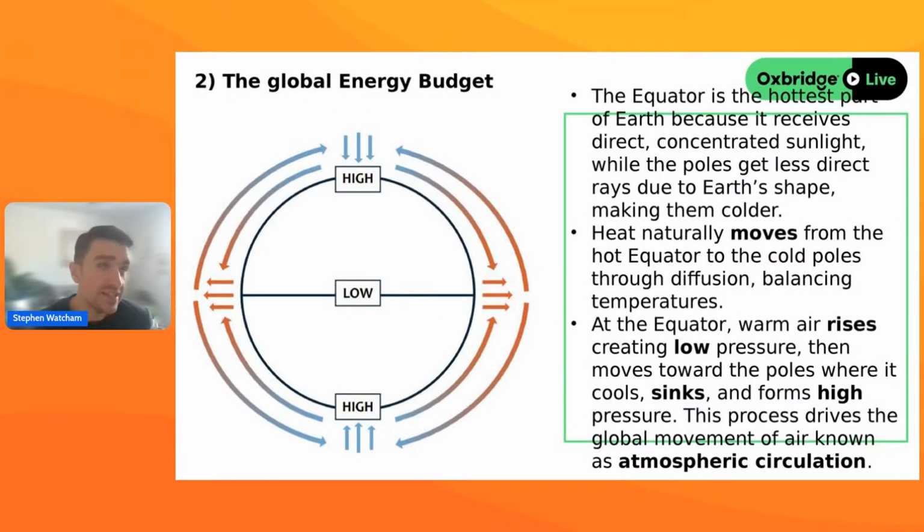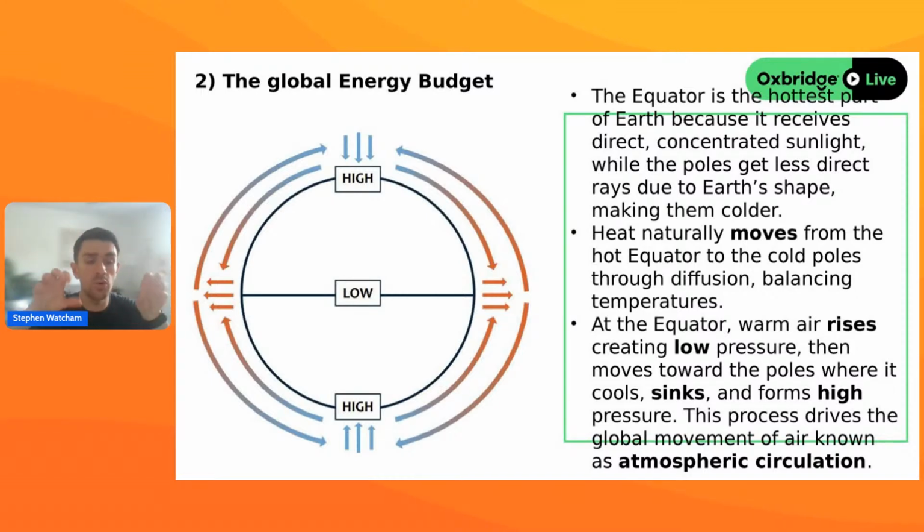The genuine principle that we have with our global energy budgets is that most of our energy is coming in at the equator. It's the hottest part of the planet, we know that. It's because it receives the most direct sunlight, while the poles get the least direct sunlight because they are at the poles of our planet.